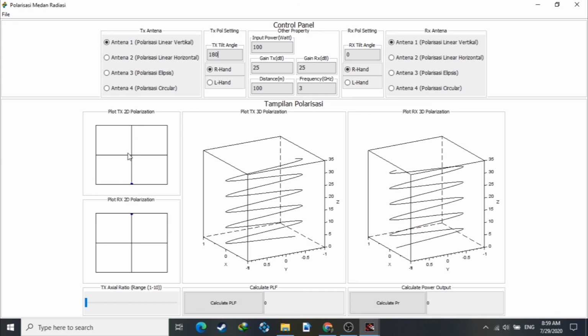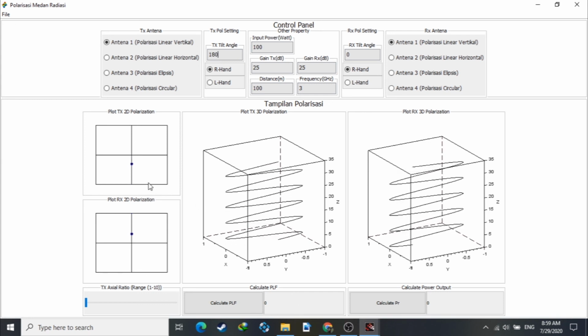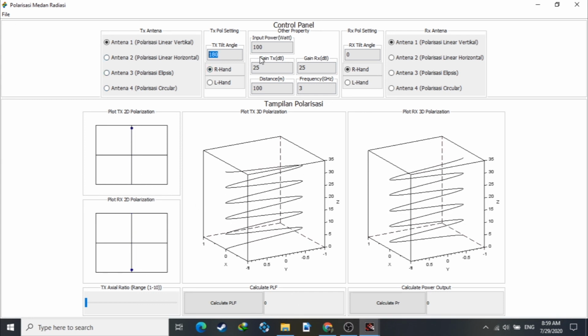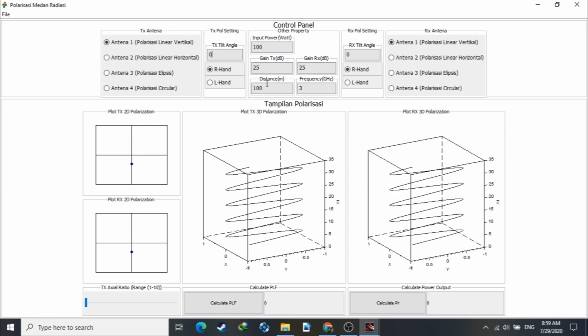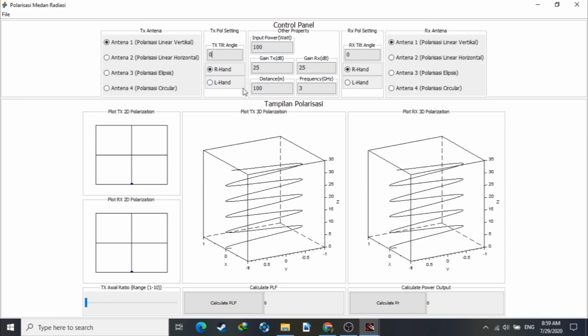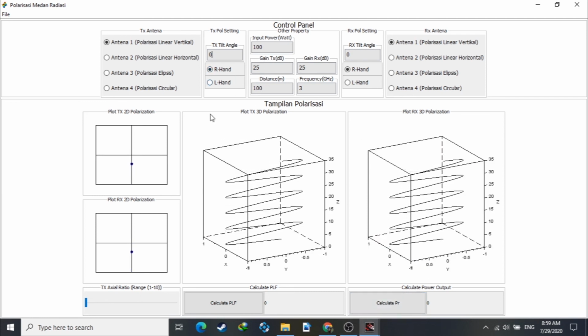Okay, so maybe that's it for the first section, and we're going to meet in the next section. Okay.